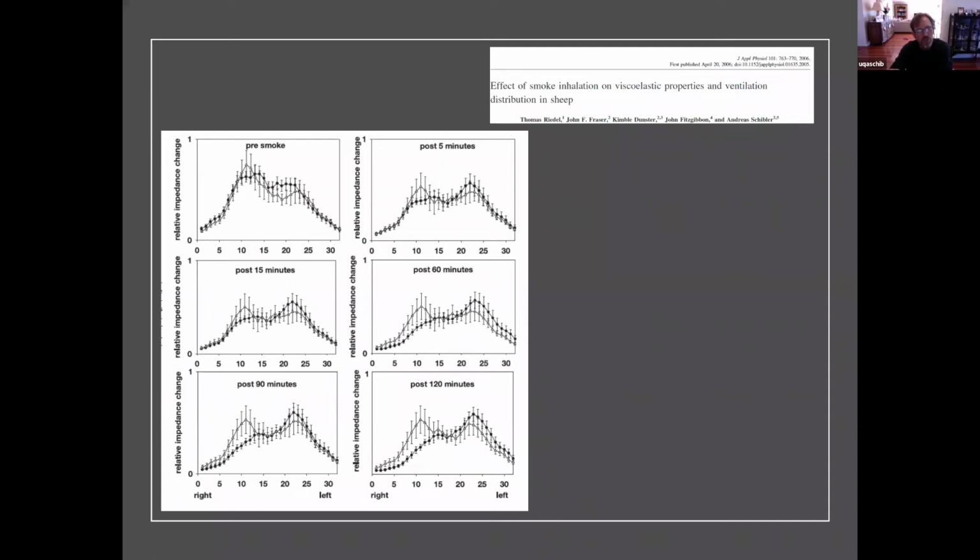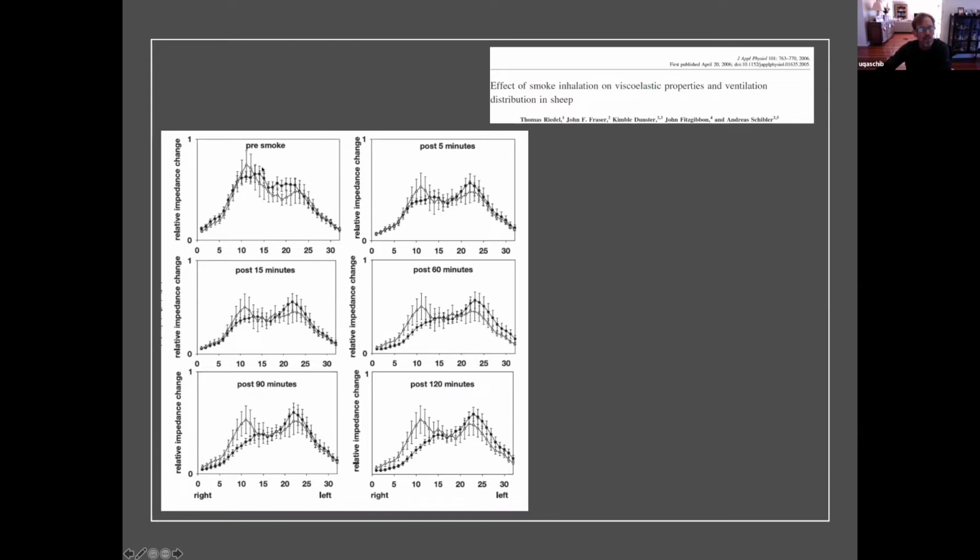We showed as well that if you introduce a lung injury, the ventilation starts really shifting over time. So we had sheep in left lateral position, and the left lateral position is on the right-hand side of this histogram. This is pre-smoke.